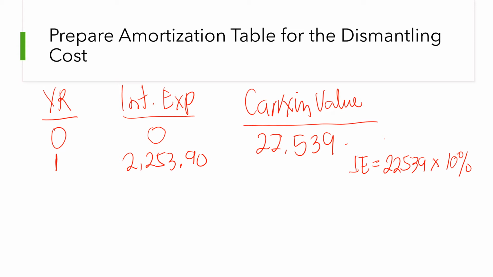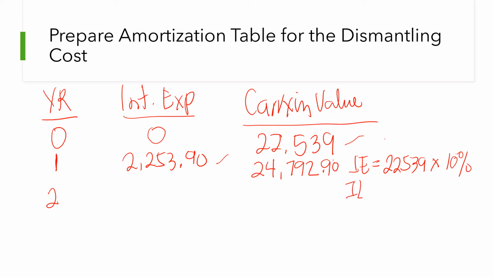So 22,539 plus 2,253.90. So the carrying value of the liability at the end of year 1 is 24,792.90. So at year 2, we need to compute for the interest expense again.